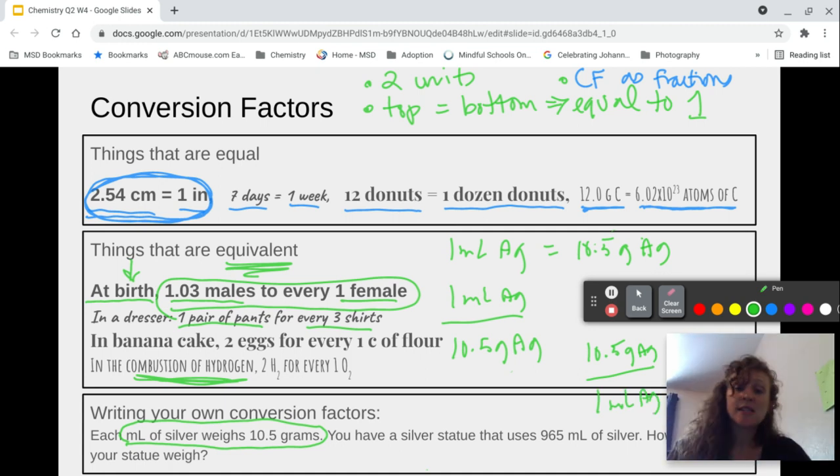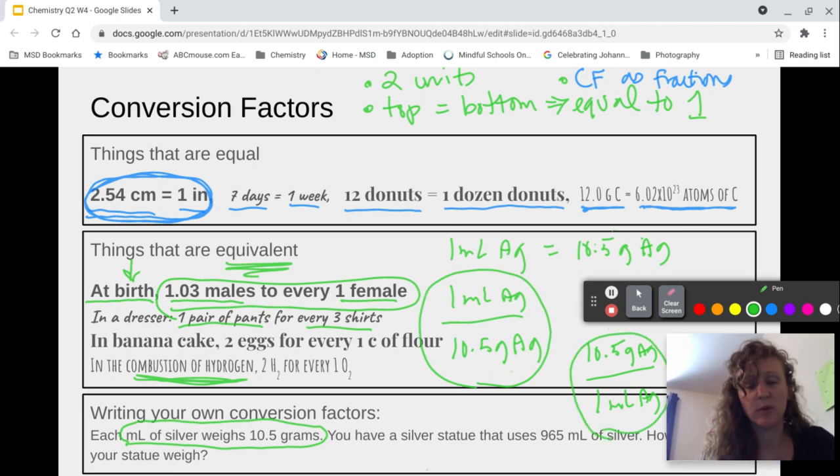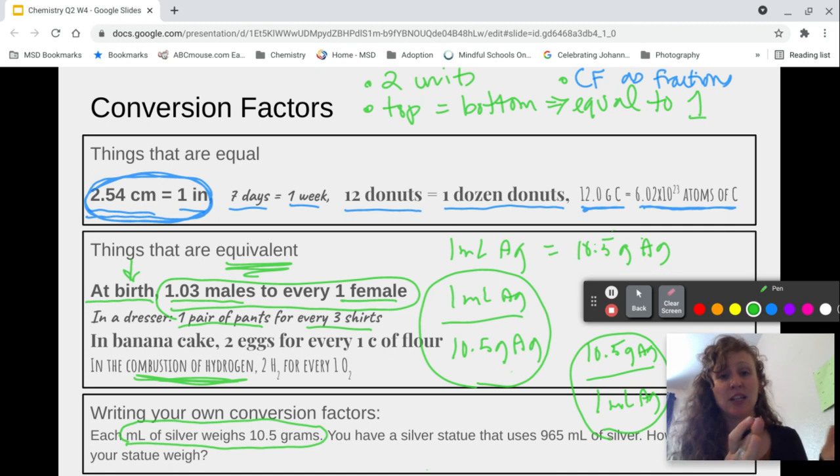And I can use these as a conversion factor because the top is equal to the bottom, or the top is equivalent to the bottom in a specific scenario. And therefore, I can use it to convert units, milliliters and grams of silver, in dimensional analysis.